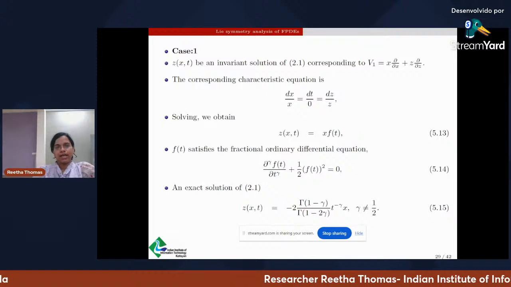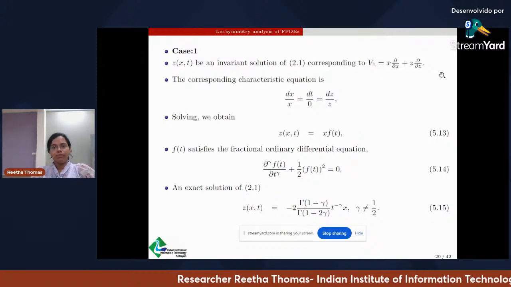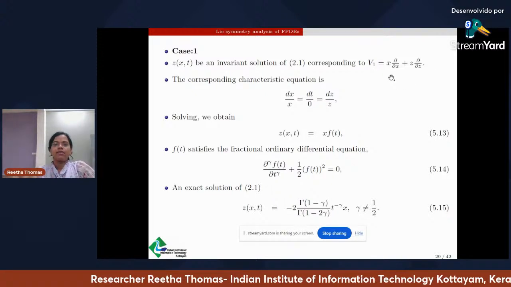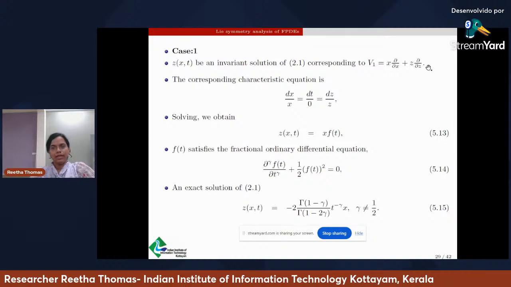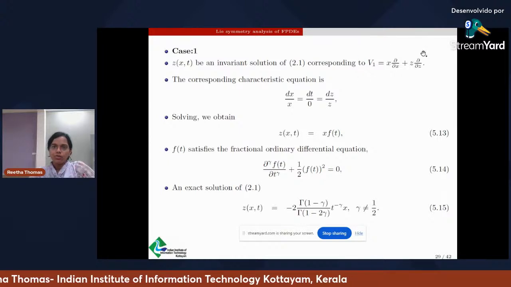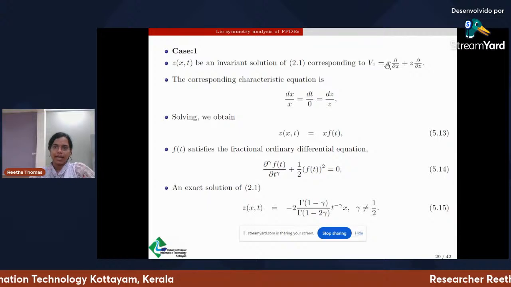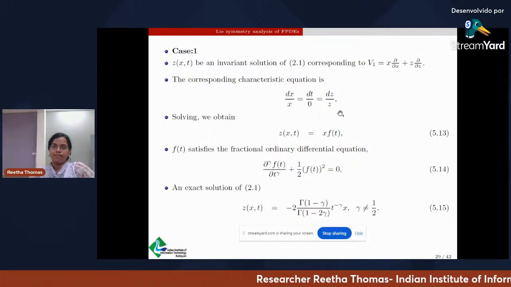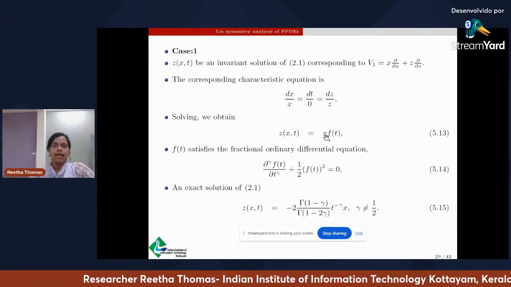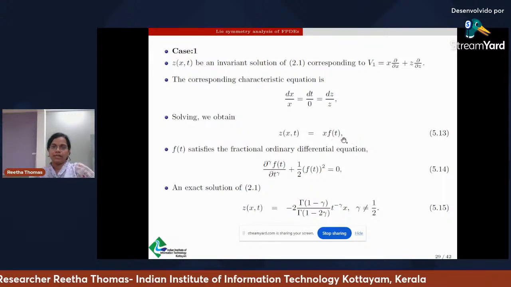We can similarly compute the commutator table, and corresponding to all the vi's and their combinations we can obtain the solutions. If we consider v1, which is x dou by dou x plus z dou by dou z, the characteristic equation is of the form dx by x equal to dt by 0 equal to dz by z. Solving this equation, we obtain z as x into f of t.